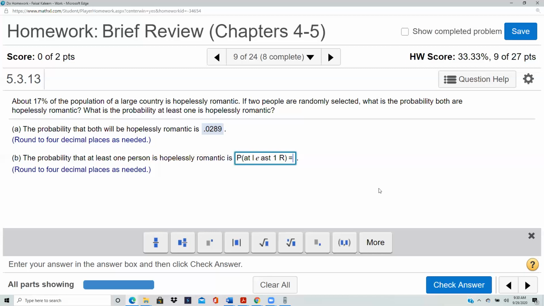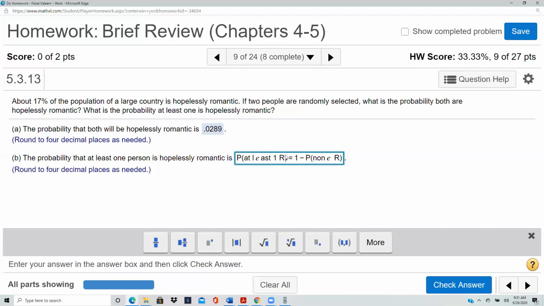So it would be 1 minus the probability none romantic. So that's how you always do the at least one.